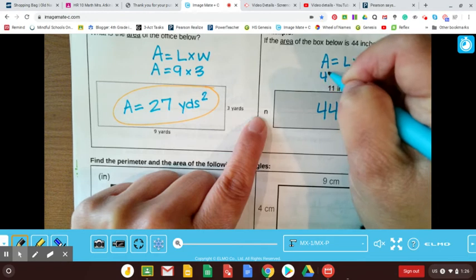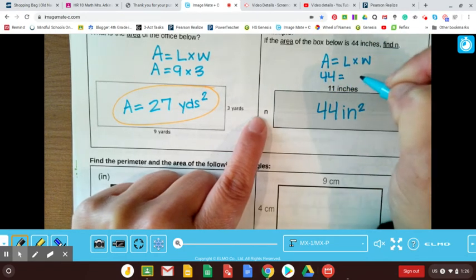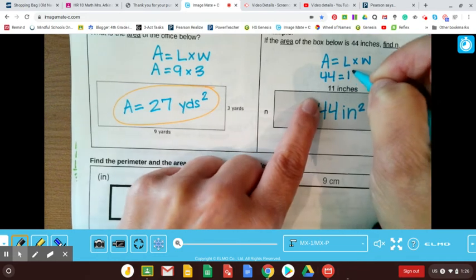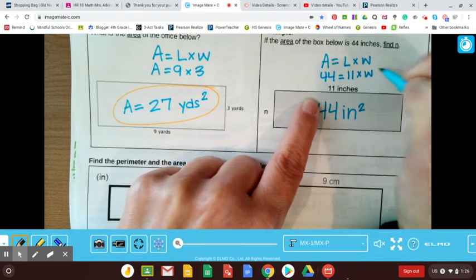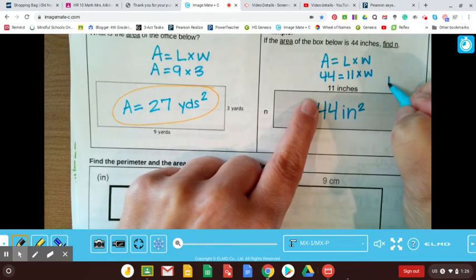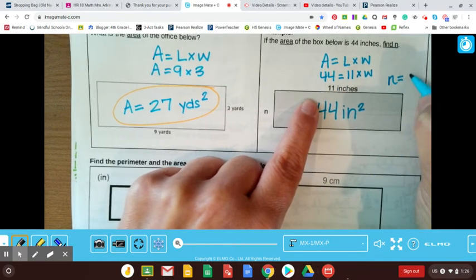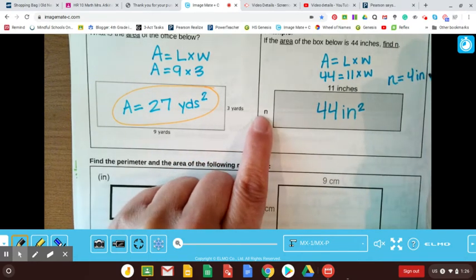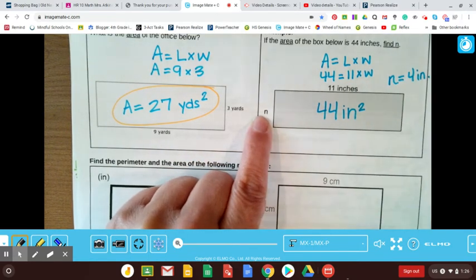We know the area is 44, right? We know the length is 11. So 11 times what equals 44? N would equal 4 inches, right? 4 inches. There you go.